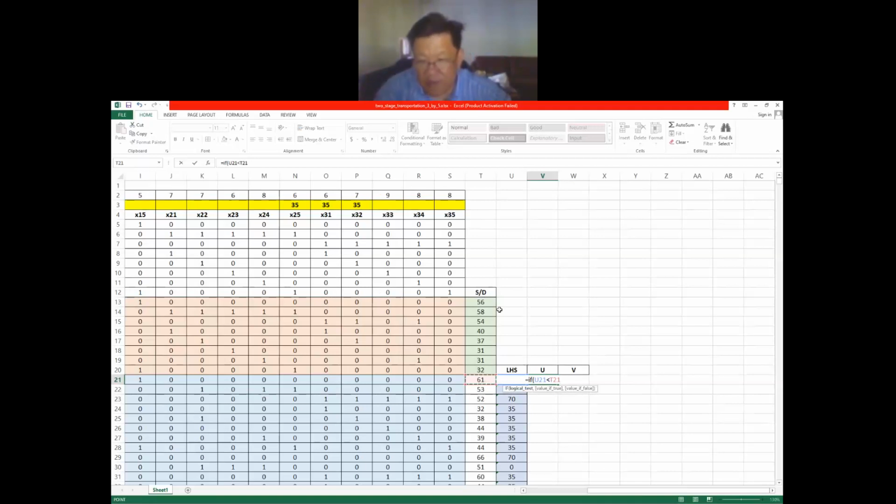If the left hand side is less than the right hand side, there exists u. You remember what we did, that we plus u minus v, right? Plus u happens when the left hand side is less than the right hand side. You need to add value to make it equal. Minus v is when the left hand side is greater than the right hand side, so you need to reduce some value.